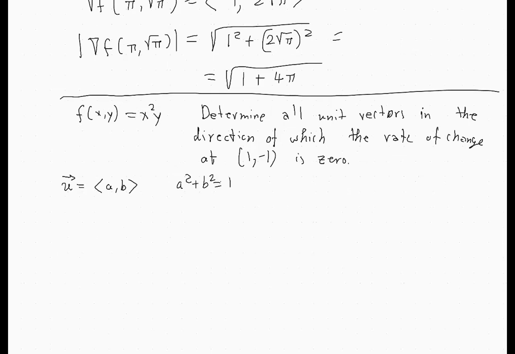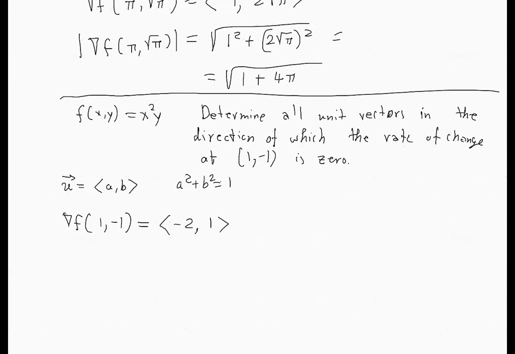For that, we need the gradient of the function. And what is the gradient at 1 negative 1? Well, the derivative with respect to x is 2xy. So this gives you negative 2. And the derivative with respect to y is x squared. So that gives you 1. So that's the gradient at that point.